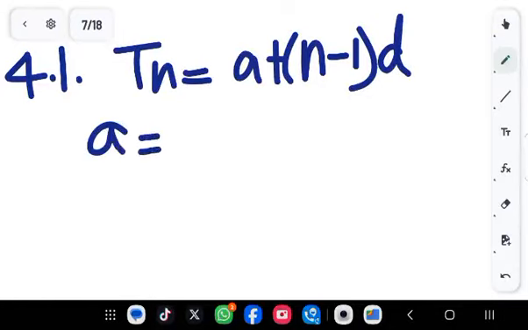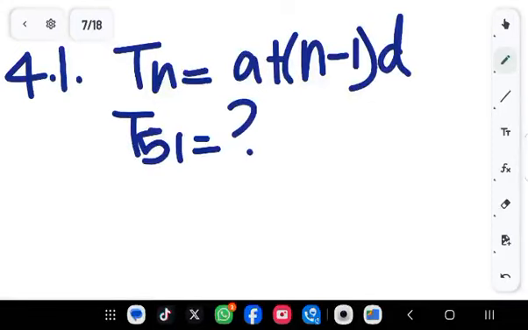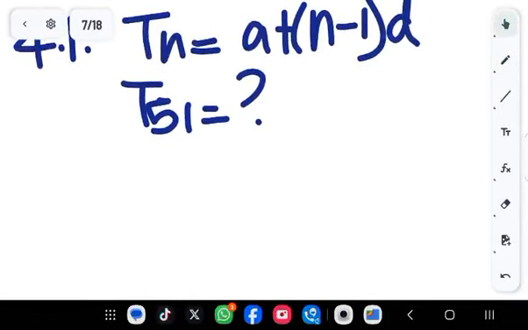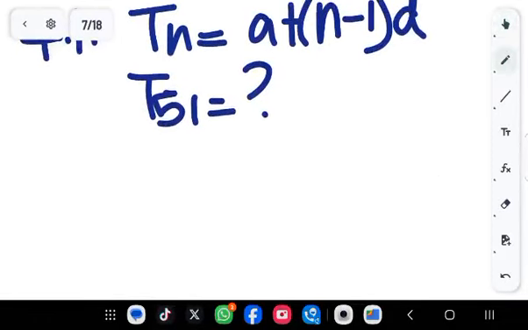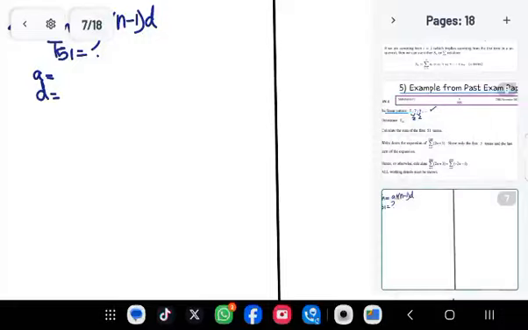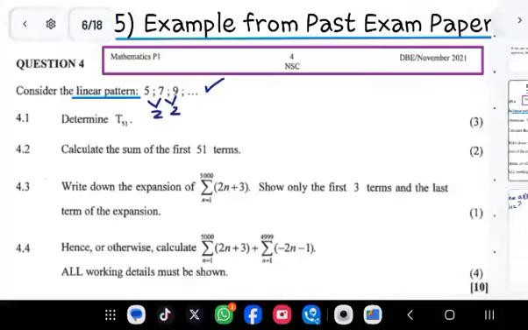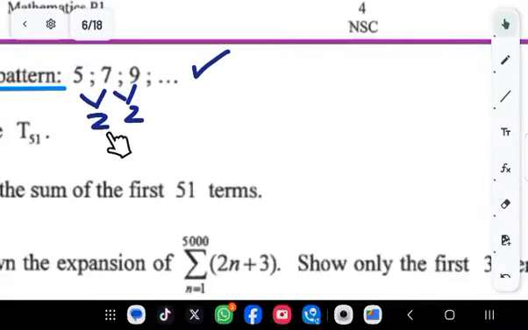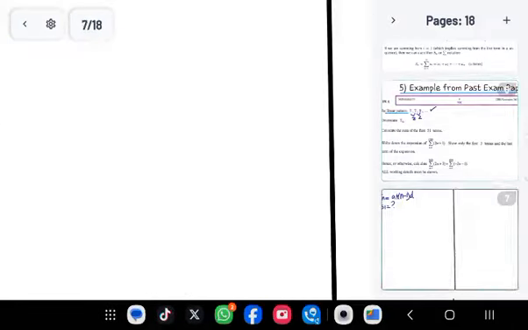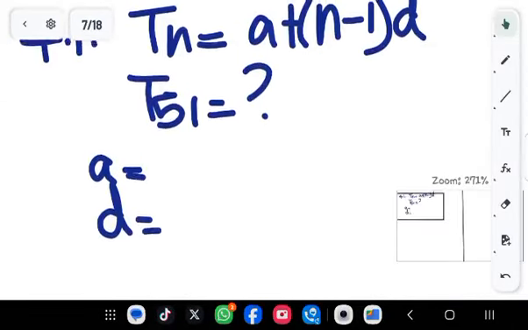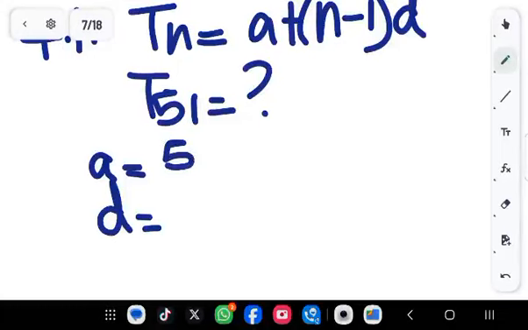T51 is what we're looking for, so we put a question mark on that. Keep our brain always focused on the fact that that's what we want to find. Where a, the first term, is equal to 5 and the constant difference is equal to 2.